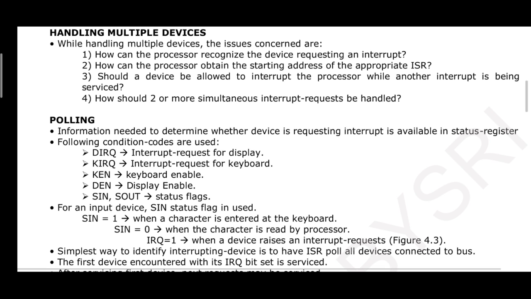And finally, how should two or more simultaneous interrupt requests be handled? That can be done with the help of having parallel line or dedicated line, connection line, interrupt request and interrupt acknowledgement line. We'll see them later. So these are all the issues. Please note down these things.